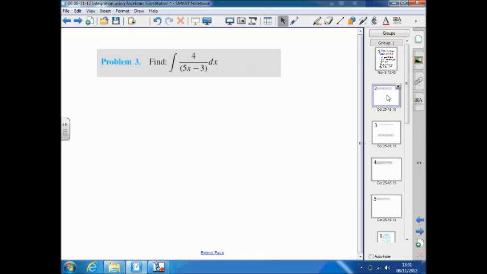And the standard integral that's useful here is the integral of 1 over x is log of x plus c. So that's the standard integral that we're interested in here, because it looks a little bit like 1 over something, but it's not over x, it's over 5x minus 3.